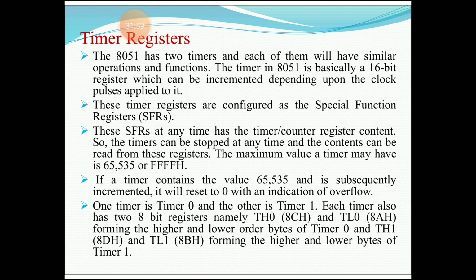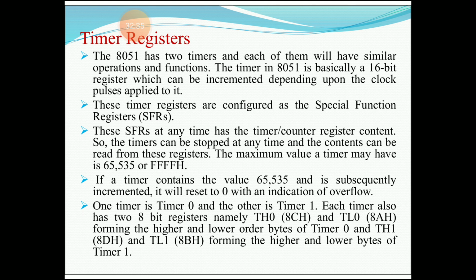The maximum value a timer may have is 65535, or FFFFH, since it is a 16-bit register. In hexadecimal it is FFFFH, and in decimal 65535. If the timer contains the maximum value 65535 and is subsequently incremented by the next clock pulse, it will reset to 0 with the indication of overflow, called a timer overflow condition.